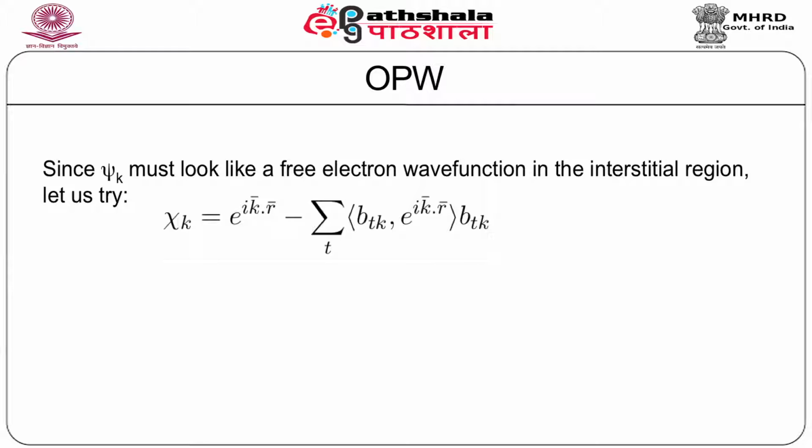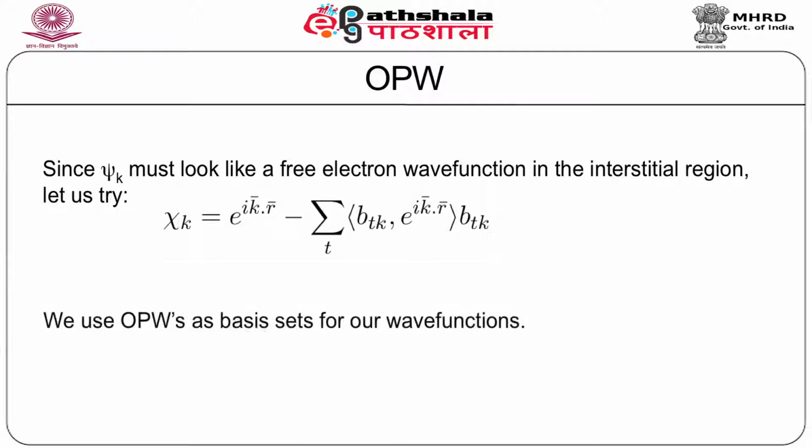This is a good guess for a higher state because it works like e to the power ik dot r, the plane wave, in the interstitial region where each b_tk is small because the core states are highly localized. And yet within the core itself, it will be orthogonal to all the core states.